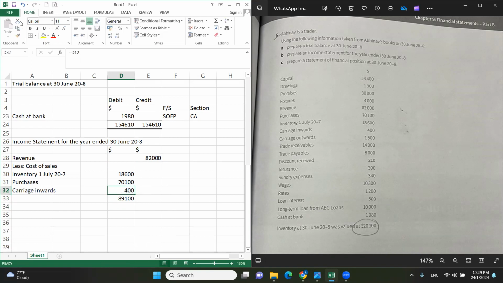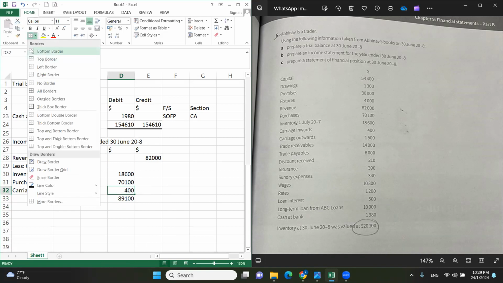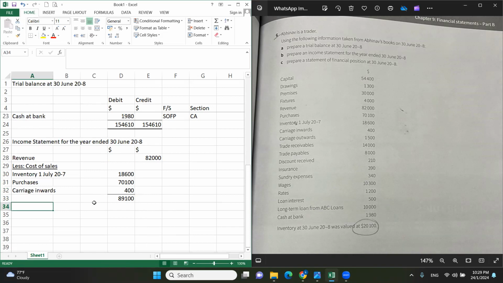Okay, we get this amount. Okay, now less inventory. This is the closing inventory, 20-8.